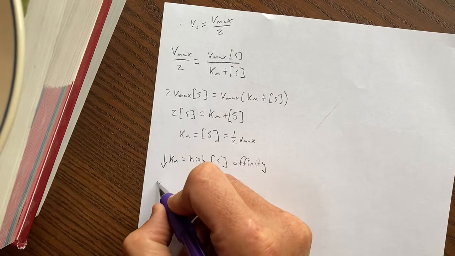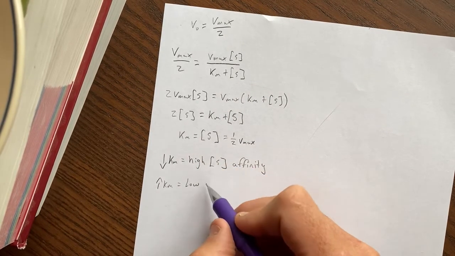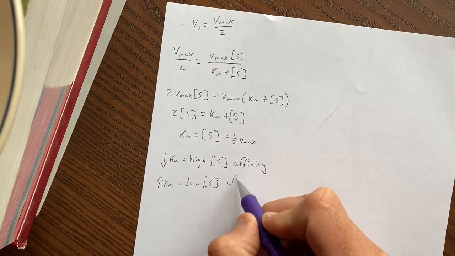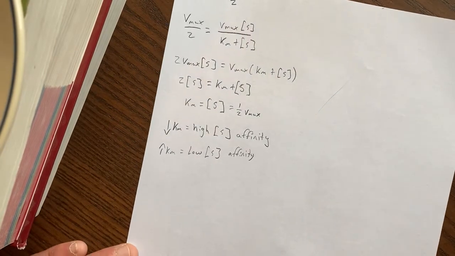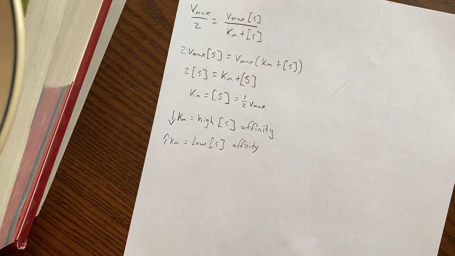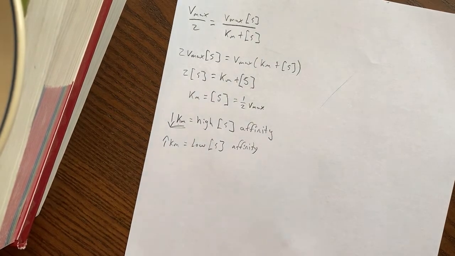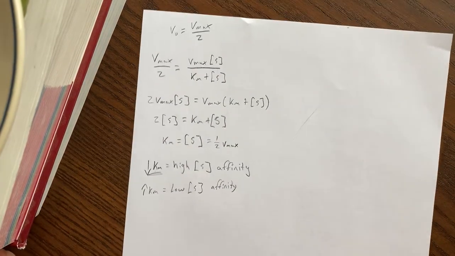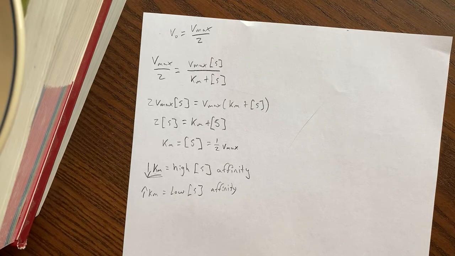And if we have a high Km, it's going to have a low substrate affinity. So it tells us how much of a substrate an enzyme can take on. The low Km means that it won't take on much substrate, while the high Km means that the enzyme will take on more substrate. So that's understanding a little more about the Michaelis constant.